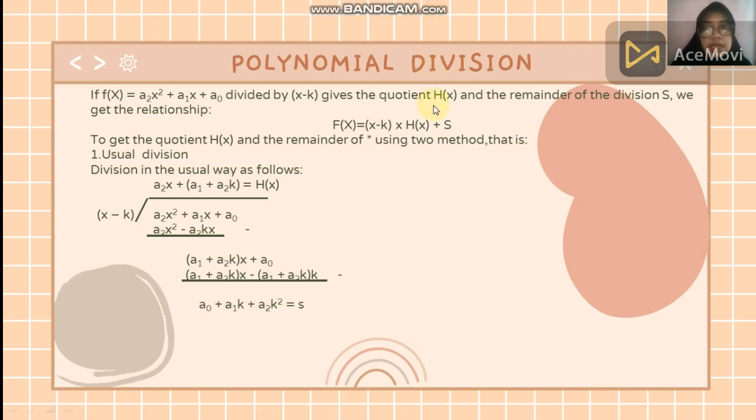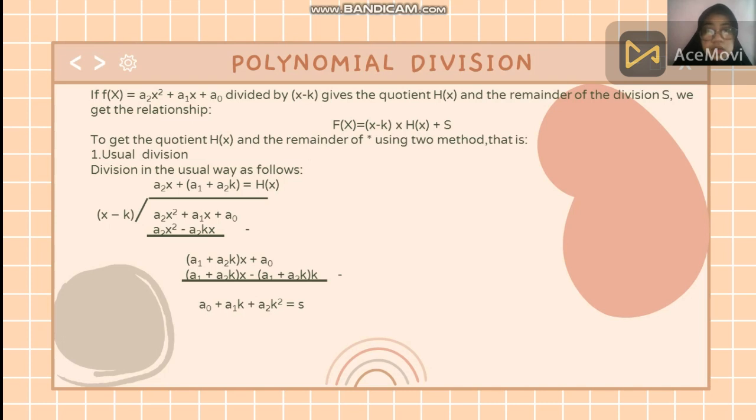Next material, polynomial division. If f(x) = a_2 x^2 + a_1 x + a_0 is divided by x - k, giving the equation h(x) and the remainder s of the division, we get the relationship f(x) = (x - k) h(x) + s.